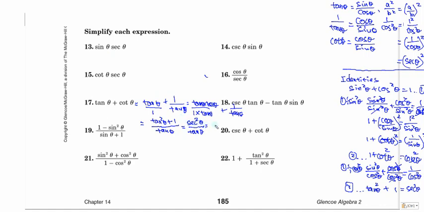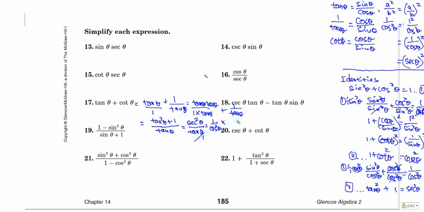Secant square theta is actually 1 over cosine square theta, because secant theta is actually 1 over cosine. So secant square theta is 1 over cosine square theta. Then times this tangent theta. So you have to flip it.